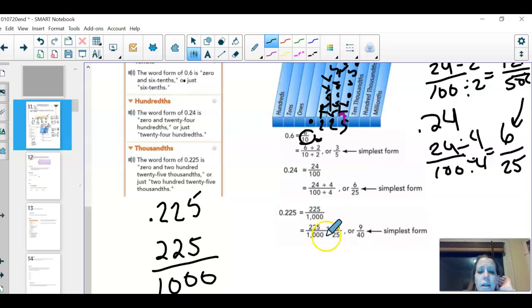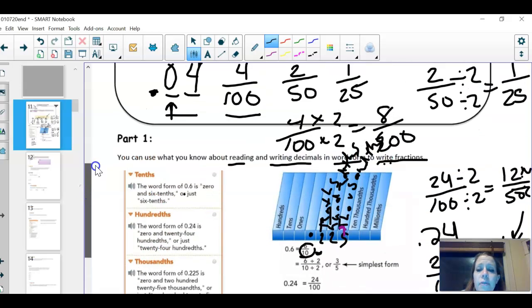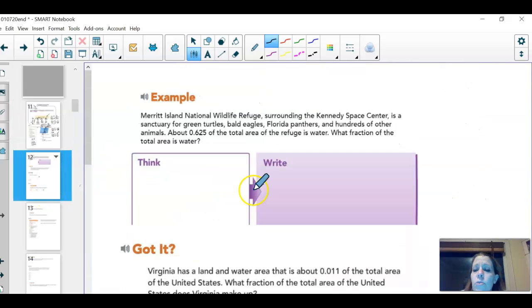So I can divide it right here. It says 25. I could start with a much smaller number like 5, but all I'm going to do is divide it. When I divide it, I get 9/40. So this is one way of trying to figure out how to write a decimal as a fraction, okay?